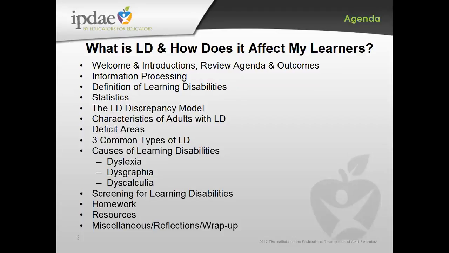We're going to concentrate on 3 of the most common types of learning disability and their causes. Then near the end, we're going to look at screening for learning disability and what you can do in your own classroom. I'm going to have a homework assignment for you, some resources, and then we'll wrap up.